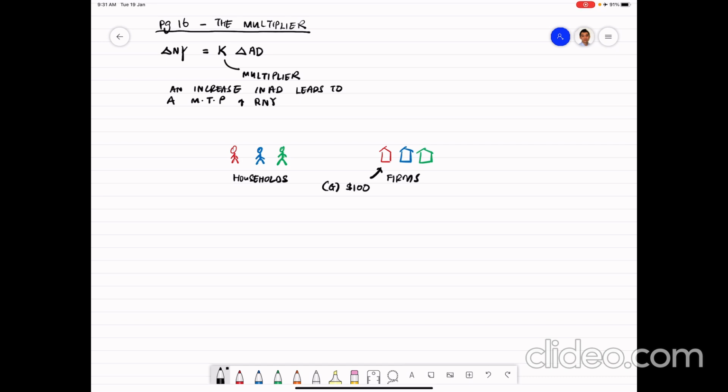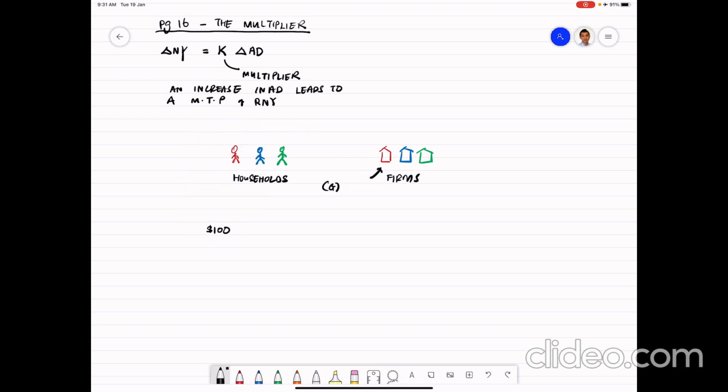Okay, so the government would go and hire the red color firm, let's say, to build a road. So instantly, the red color firm would hire the red color man to work for him, and then pay him that $100. So the $100 goes to the red color man, which goes on into our economy.